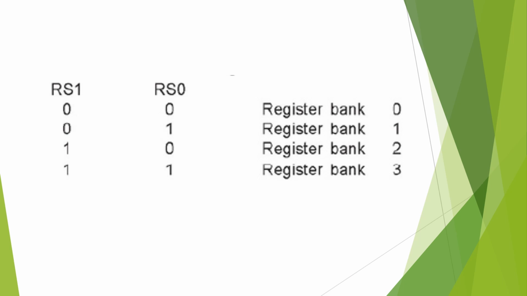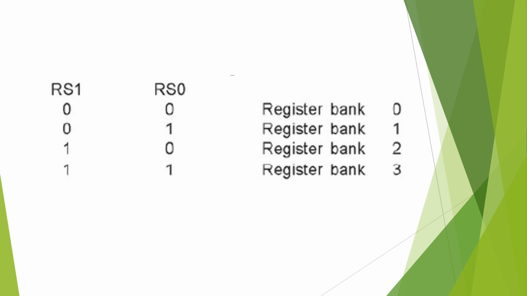The other two bits are RS0 and RS1, and as we know, in the case of PSW the programmer can access the individual bits. So using the set and clear instructions of the 8051, we can set a particular bit, RS1 or RS0, of the PSW register to select any register bank.